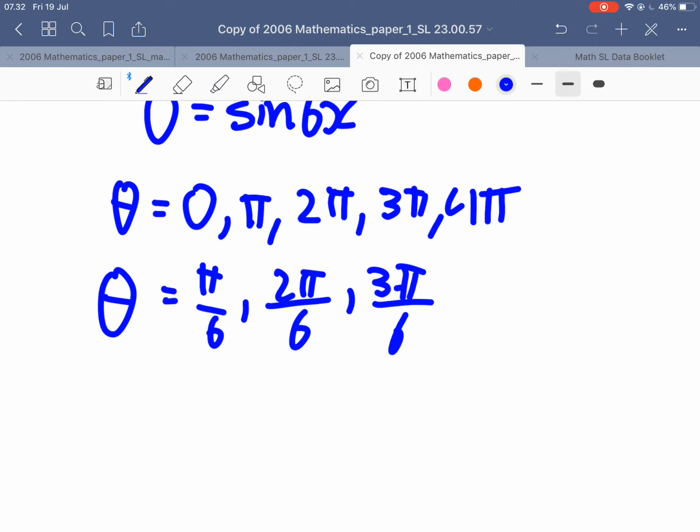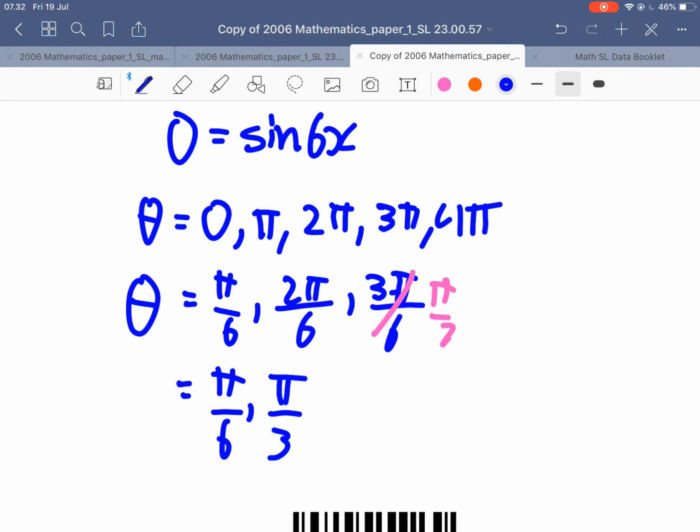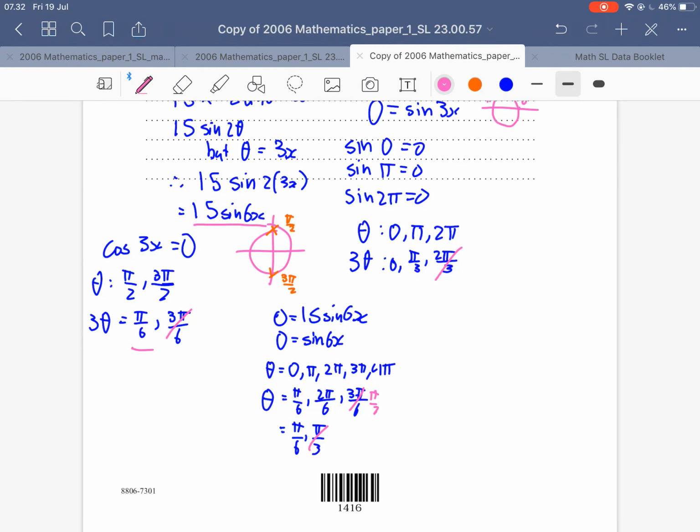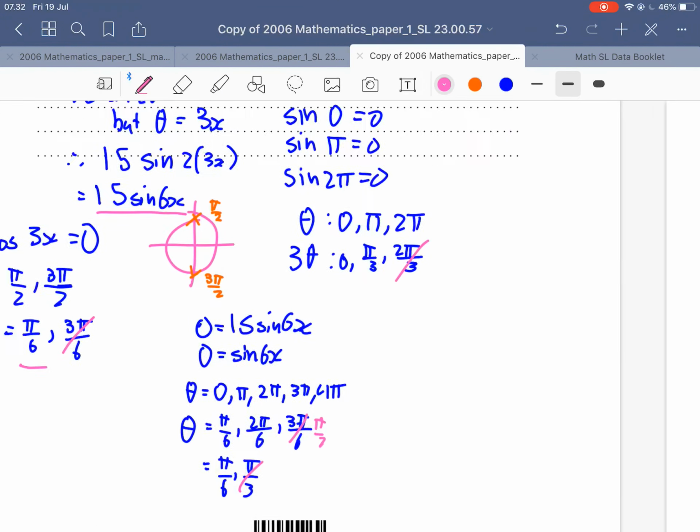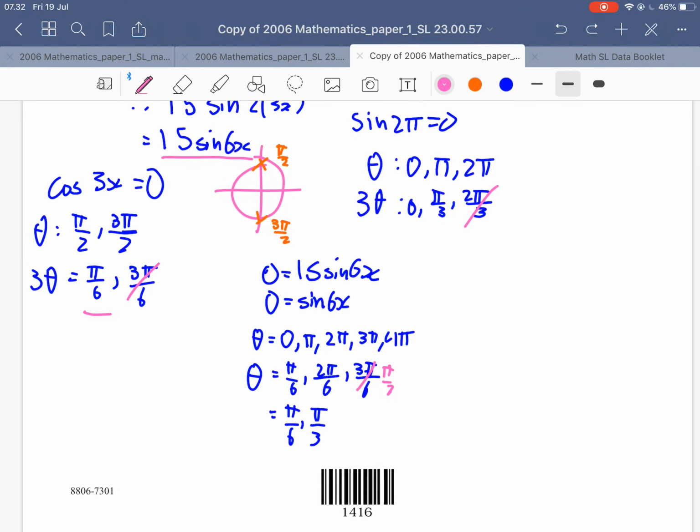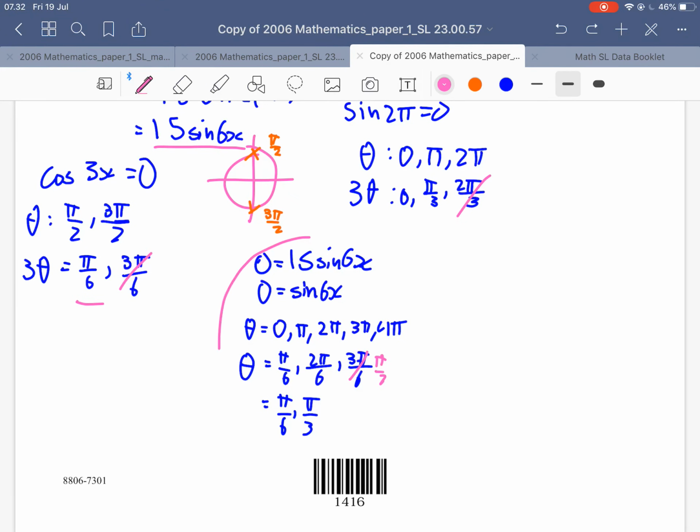So 3 pi on 6 is pi on 2. So we'll have pi on 6 and pi on 3. Is that too big? I think so, so that doesn't count. So all the angles that work, actually no, yeah, I want this pi on 3. So actually, this equation, because it's all by itself, gave us pi on 6 and pi on 3.